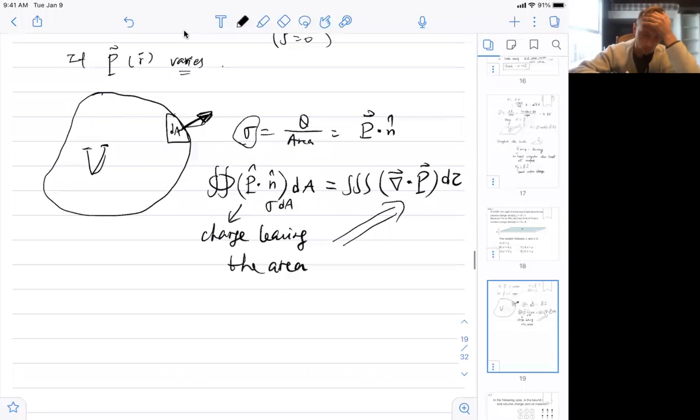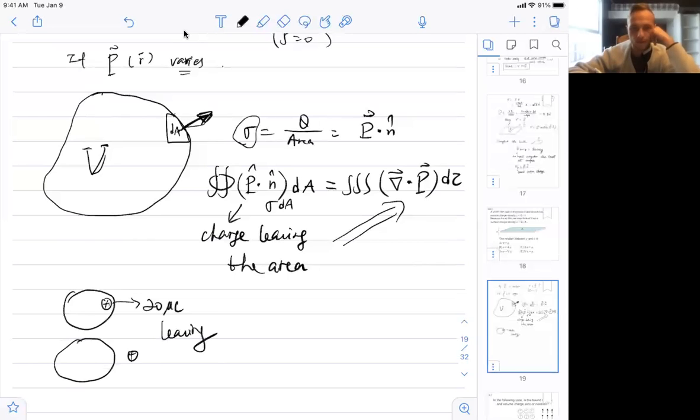If I have one charge, let's call this 20 microcoulomb, for example, exaggerating, leaving this area, then the leftover area after this leaves is going to be negative 20 microcoulomb, because before it was all neutral. If this leaves, whatever material is left over is going to be the negative of that amount of charge.